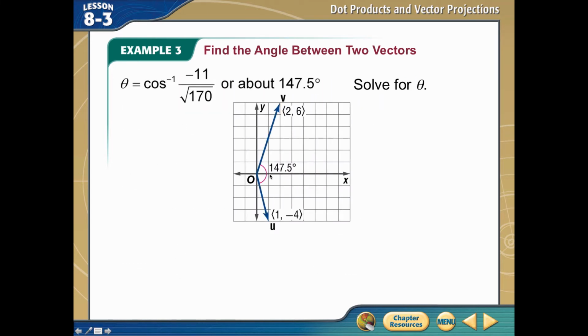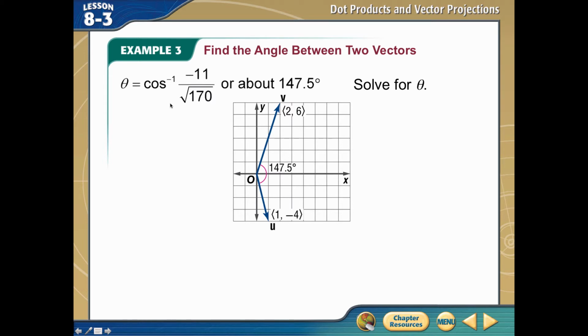Now, if you look, this angle, pretty big, 147. When you do an inverse cosine, your answer, the output from the calculator, will be between 0 and 180. And because it is the angle between two vectors, you never have to worry about moving this to another quadrant or something like that unless it's looking for an angle bigger than 180.